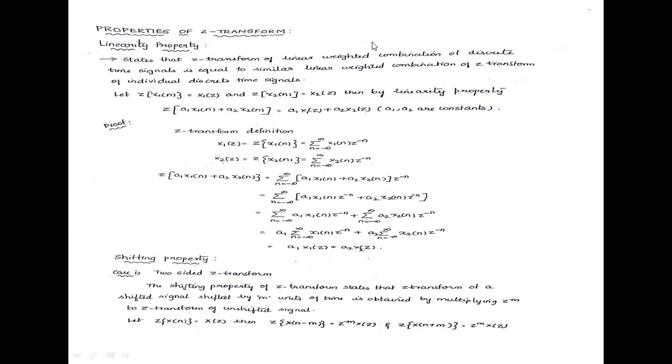Properties of the Z transform, my dear students. Until now, we discussed the properties of the region of convergence in the Z transformation. Now the actual properties of the Z transformation.